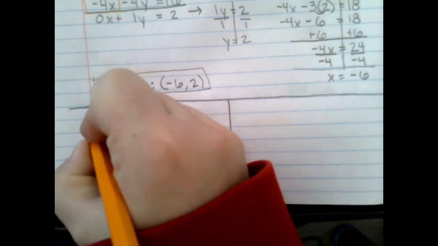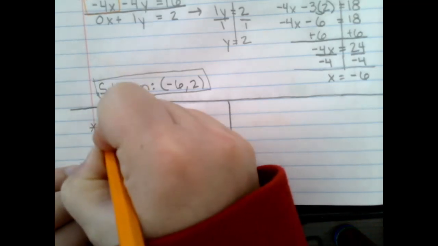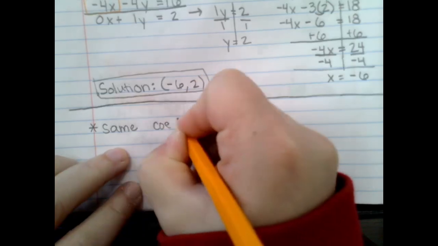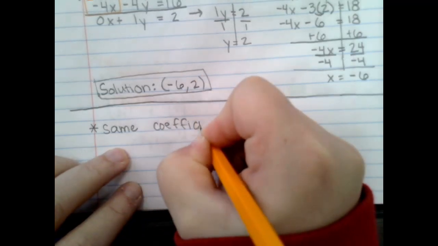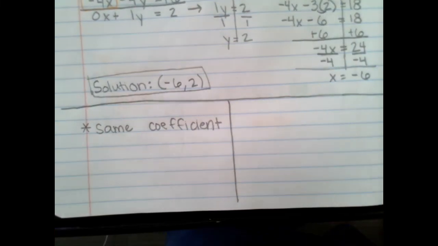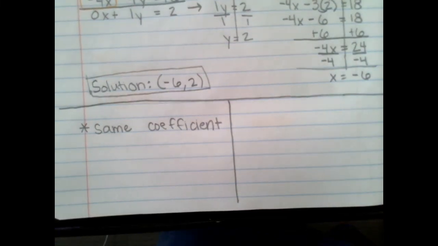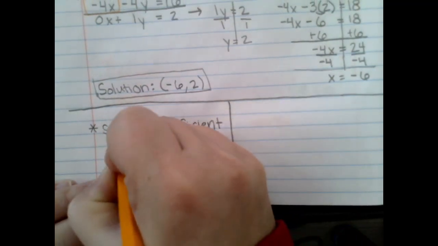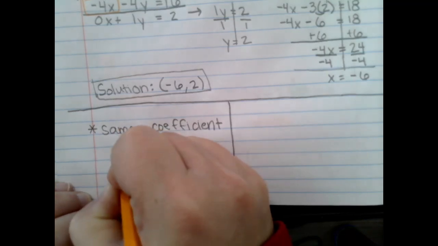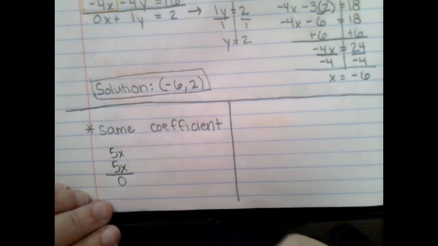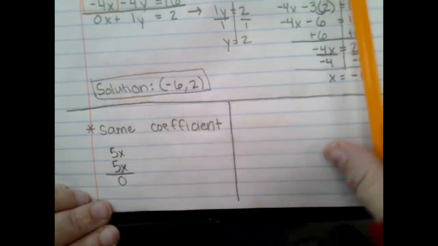If they are the same coefficient, coefficient's that number next to the variable. So if I have like 5x and 5x, how would I get that to be 0? We would subtract. Good.